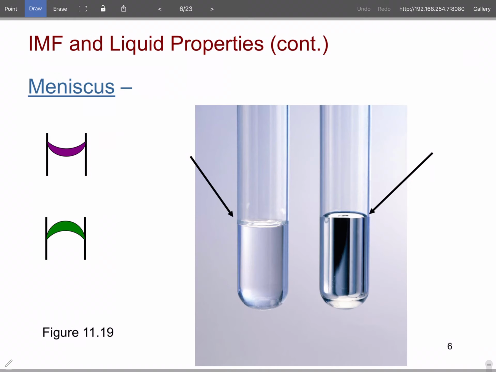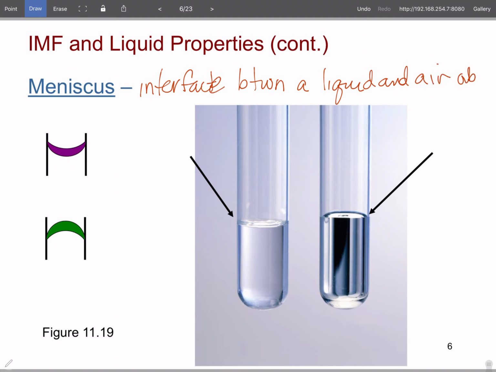Okay? We're back to the movement. The meniscus is the interface between a liquid and the air above it, and the walls of the container.